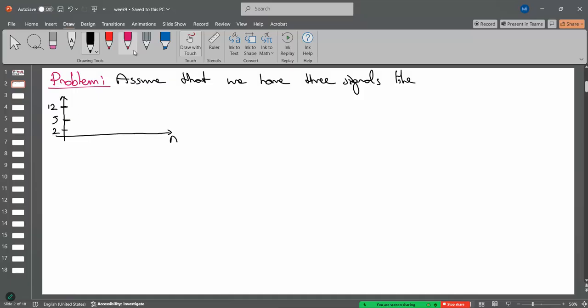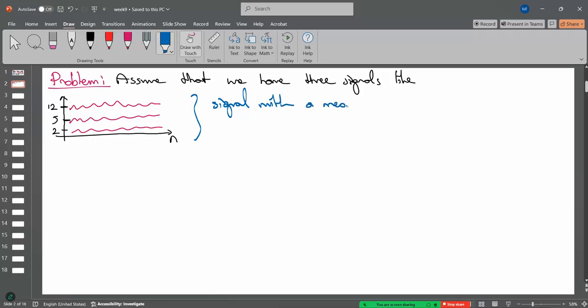Okay, and also we have the distribution of this kind of data in here, just like this one. In the signals we can write the signals with a mean and noise or variance value of this signal.